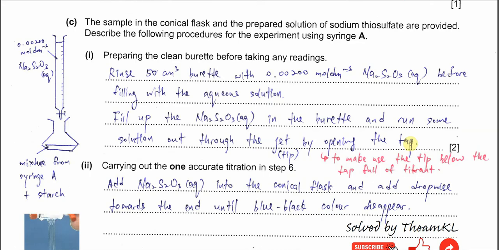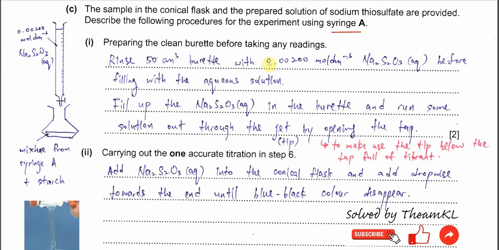Part C. The sample in the conical flask and the prepared solution of sodium thiosulfate are provided. Describe the following procedure for the experiment using syringe A. Part 1. Prepare the clean burette before taking any readings. This one is a very simple procedure, but many candidates are not really able to give the specific procedure.